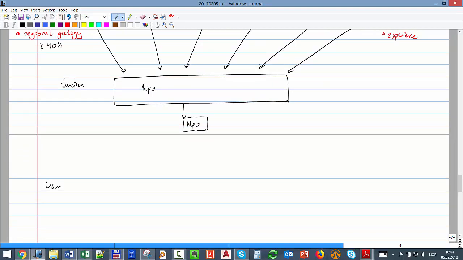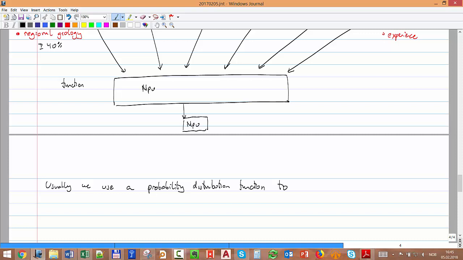So usually we use a probability distribution to describe the input parameters that are uncertain.